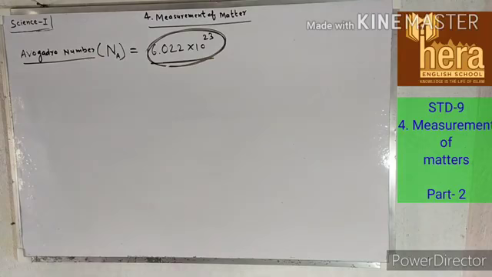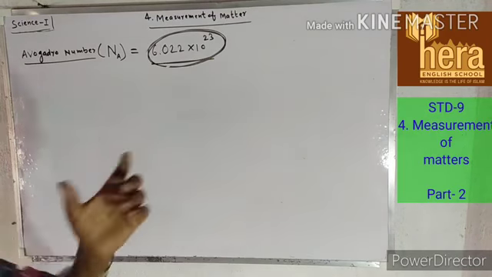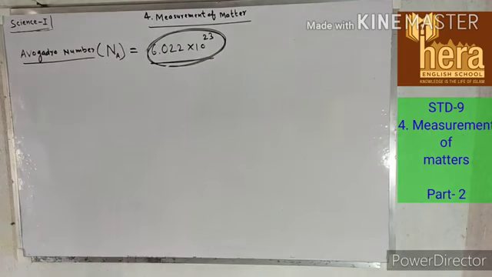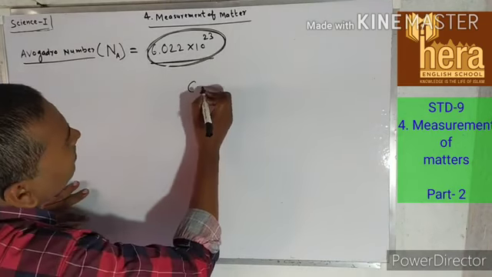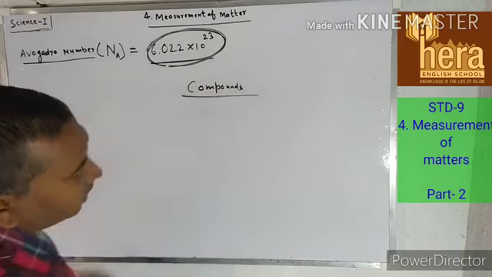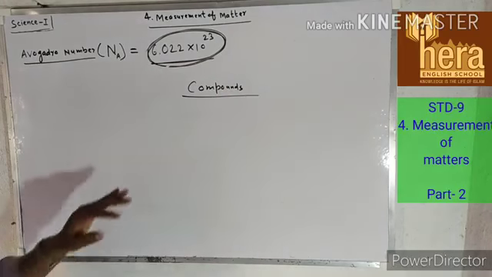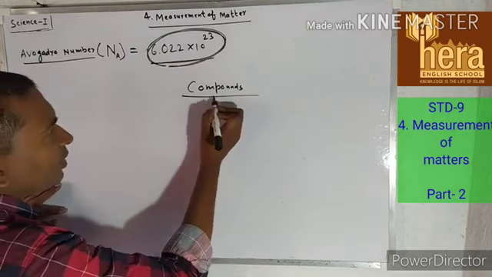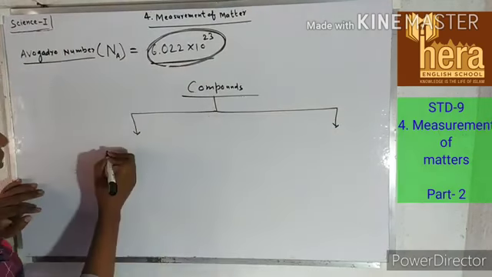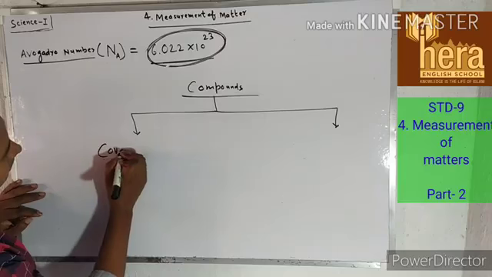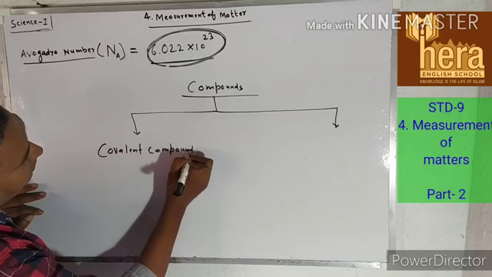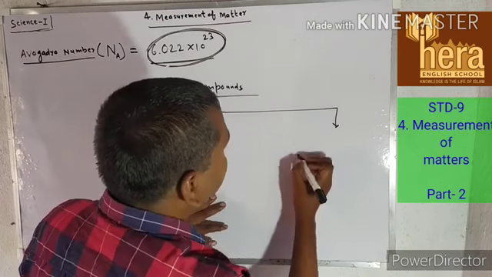Now, the concept of valency. Before the concept of valency, I will explain compounds. There are two types of compounds: covalent compound and ionic compound.